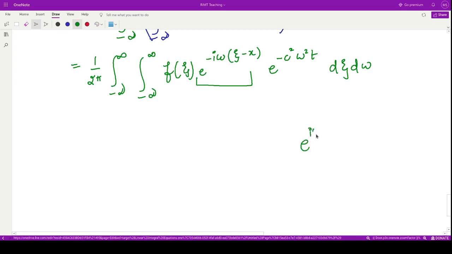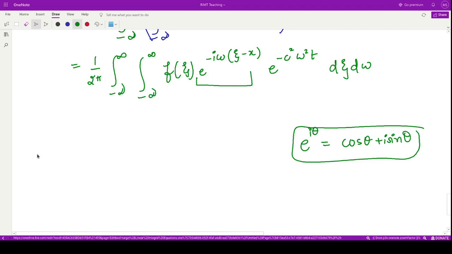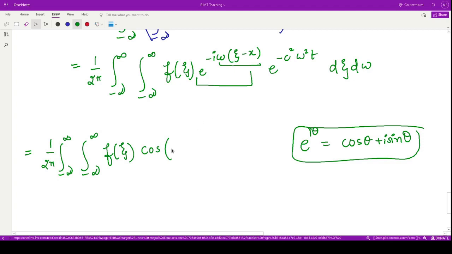Now we can substitute in place of this. You know already e to the power iota theta is equal to cos theta plus iota sin theta. Utilizing this expression, we can split this into two terms. One includes cos theta, where theta is this whole thing with a negative sign, and cos of minus theta is cos theta, right? So we would have omega (zeta minus x) and all these terms as such.